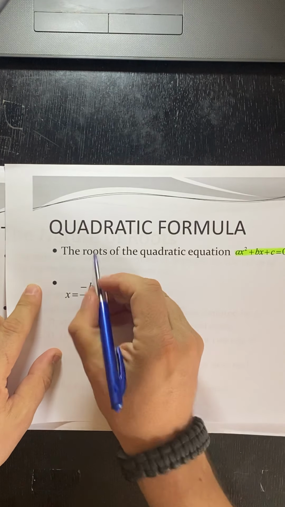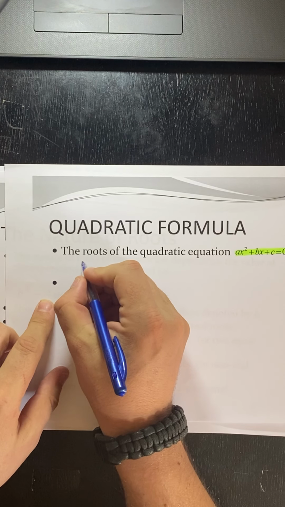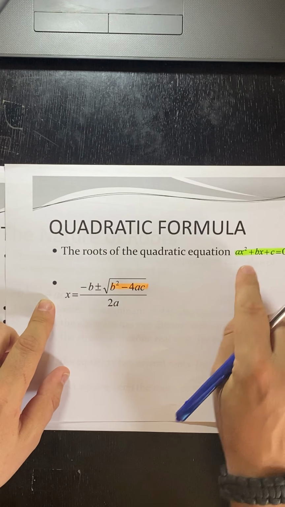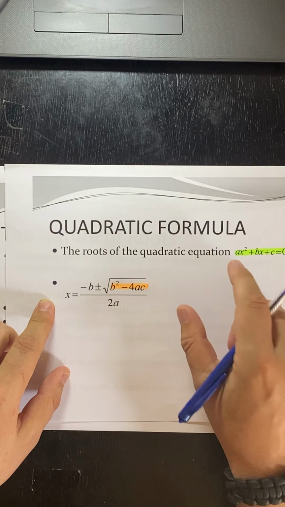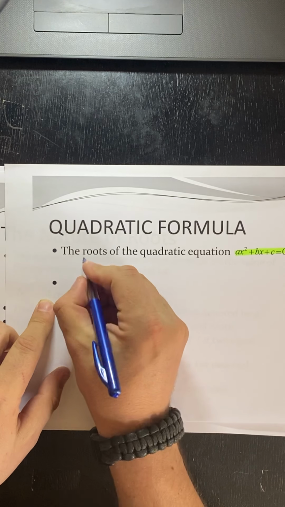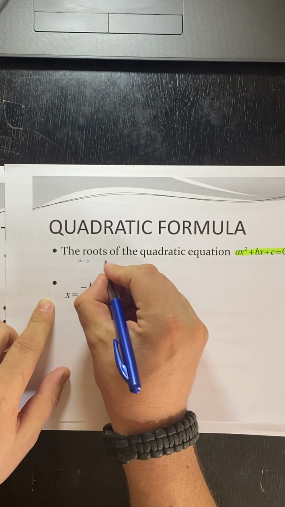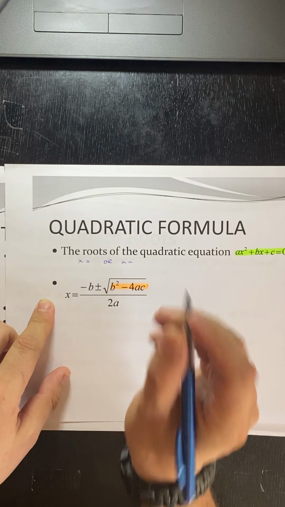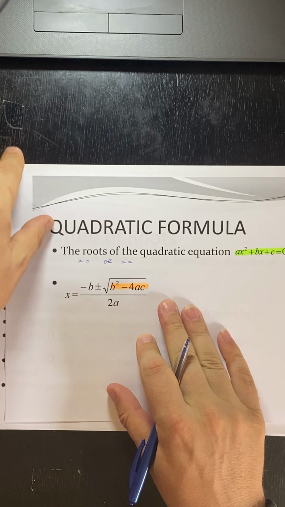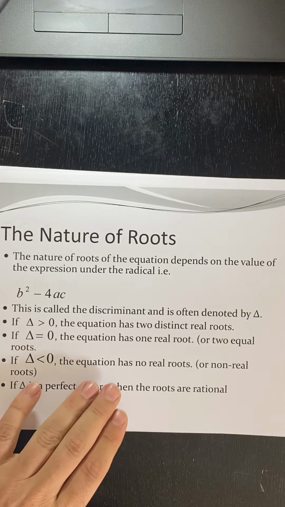When they say roots, all they mean is your x values. When you solve for it, you say x equals this or x equals that. That's what roots are. We can describe those roots by using the nature of roots.